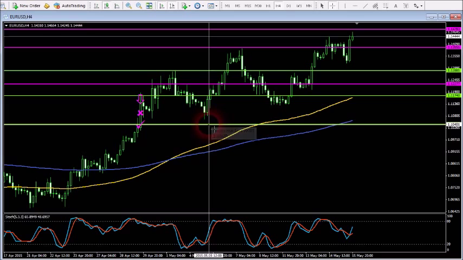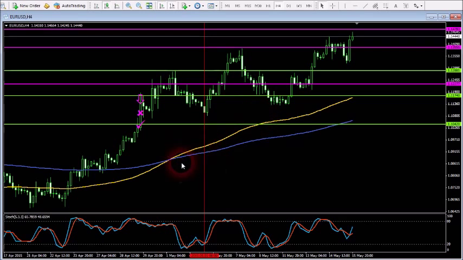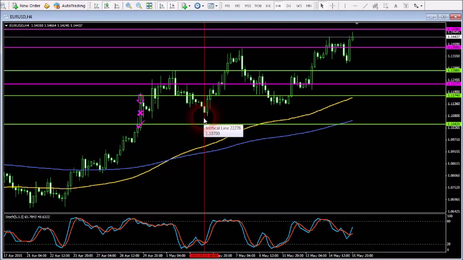So you already had this line. All you had to do was to check the stochastic on different time frames, and you would see that this level was way oversold, and you would see that the moving averages crossed each other, and the higher lows are above the moving averages. So this was a very good setup.